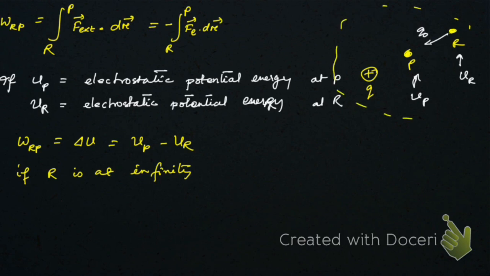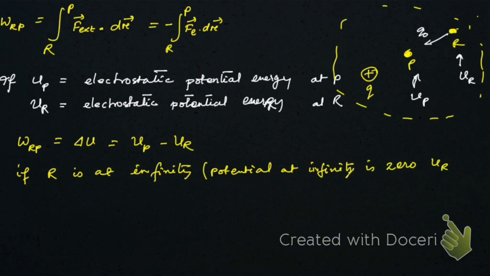here this dotted yellow line represents, suppose, the electric field. If R is a point outside the field, then outside the field there will be no electrostatic potential. So the potential energy at infinity, let me write U infinity, is 0.